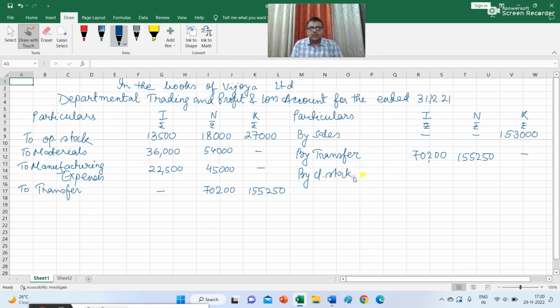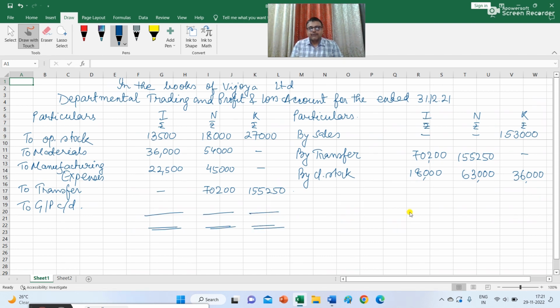It is given in the question that the value of closing stock of Department I is 18,000, 63,000 is the value of closing stock of Department N, and 36,000 is the value of closing stock of Department K. Now it's time to calculate the gross profit. I have to write here on the debit side, as the balancing figure, gross profit.